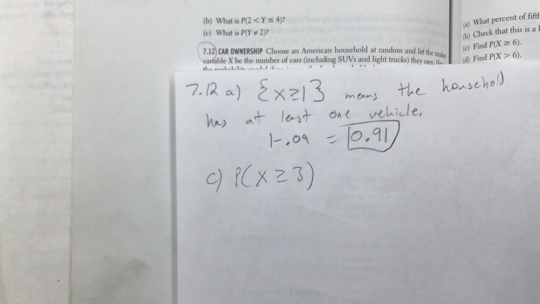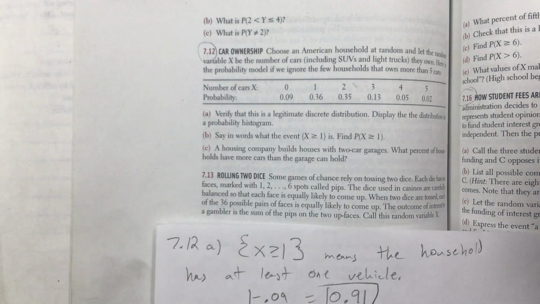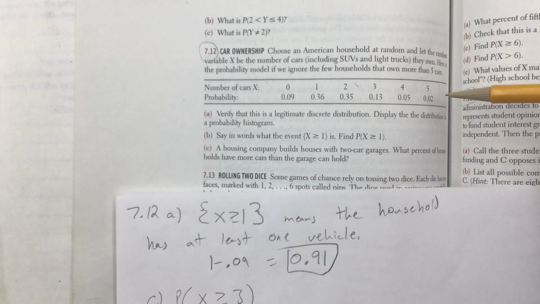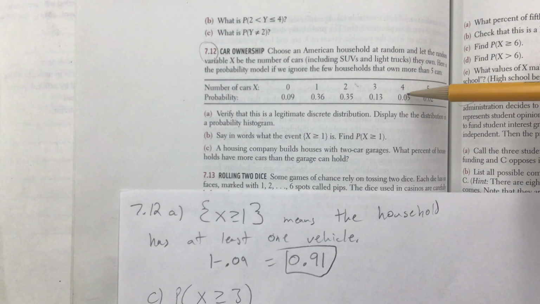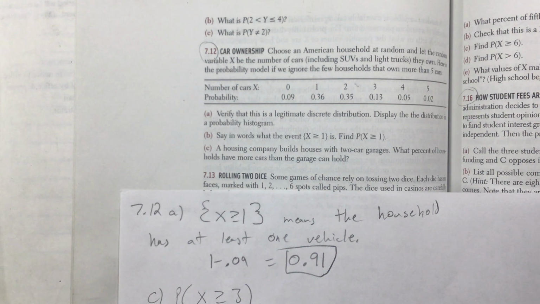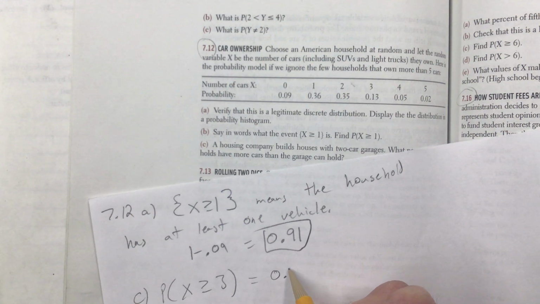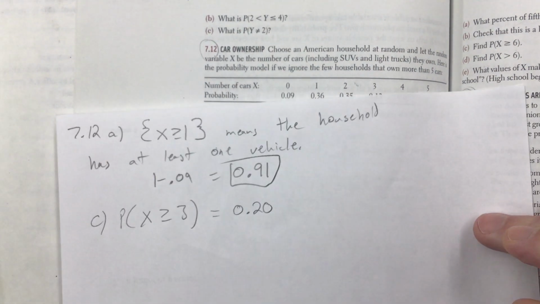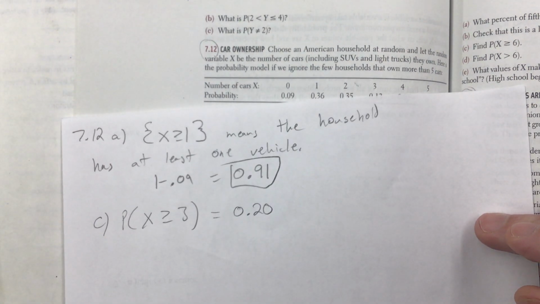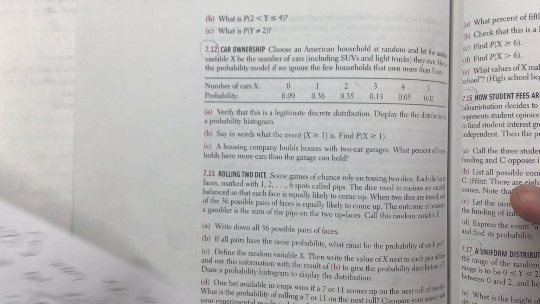Because 2-car garages can't hold 3 cars. So that's the sum of those 3 entries. So 0.13 plus 0.05 plus 0.02, that's what, 20%. Okay, hopefully that's pretty straightforward.